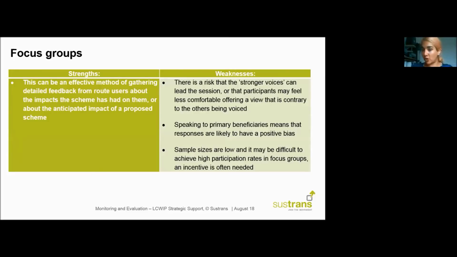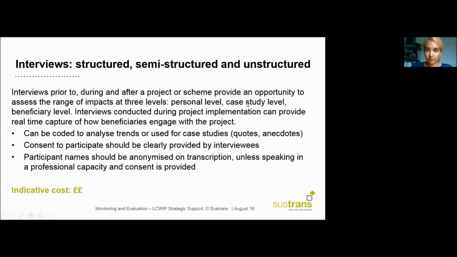They will show you the phenomenon that has happened, but not often be able to explain that in detail. As I said, there's a risk that stronger voices may lead the session. So it's important to have both a facilitator who is mindful of that and also to contain group sizes. And an incentive is often needed to maximize participation.